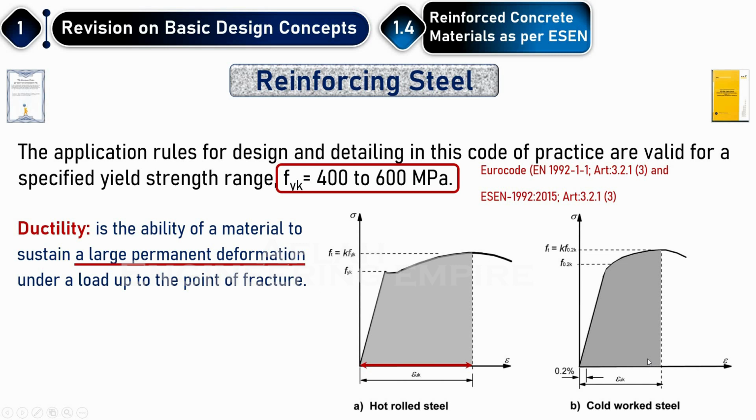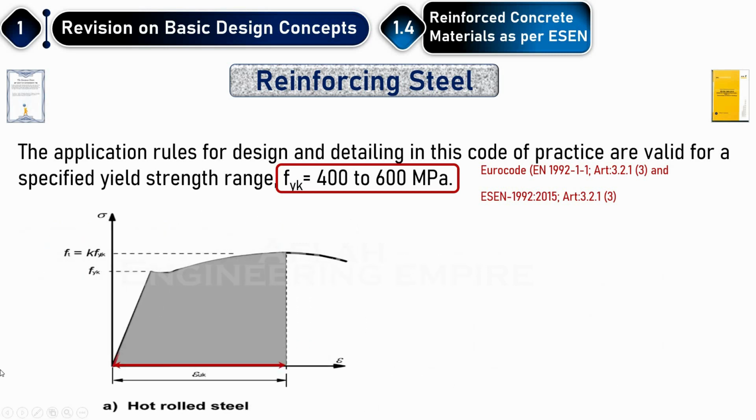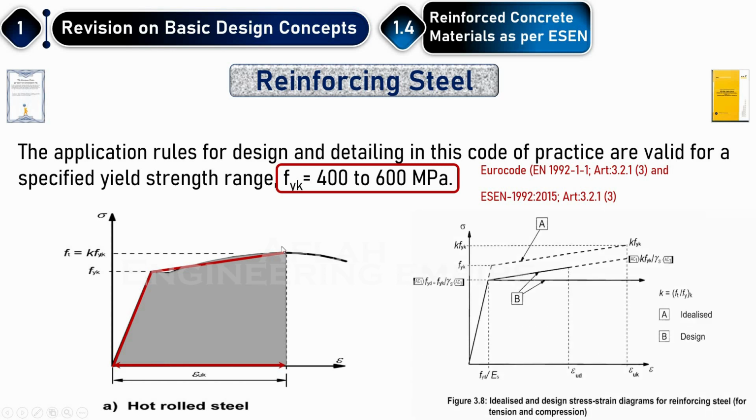Now, if we deal with the hot rolled one, this graph can be simplified by two straight lines that connect the 0 to the yield, and from the yield to the final ultimate capacity of the section. This is what we represented here. We call it the idealized graph. However, this idealized graph must be divided by some factor of safety so that we get a material that can give us a safe result.